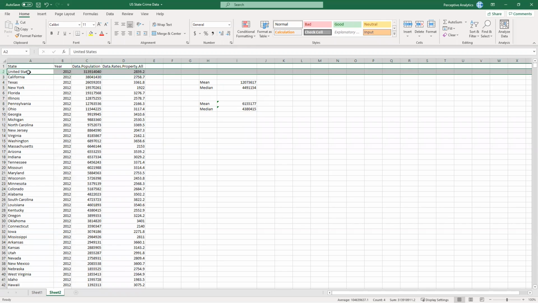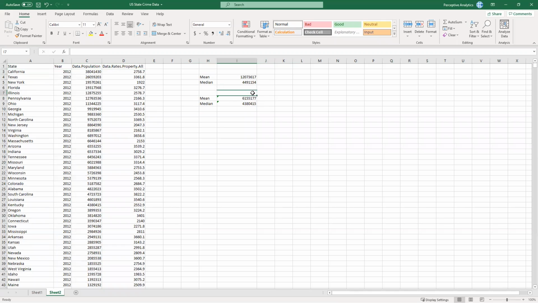Obviously we included United States by mistake here, but that explains the point that mean is very much influenced by that particular single data point, whereas median is not so much. Median is always trying to give you an approximate center, not being too much influenced by the outliers, those extreme values. So that is a very important concept in statistics.